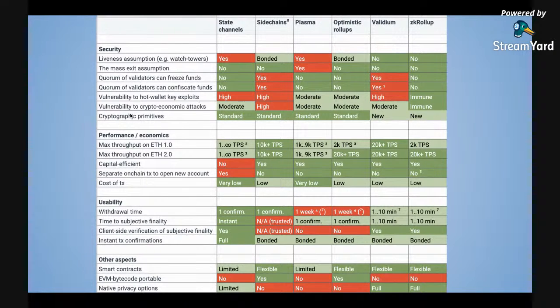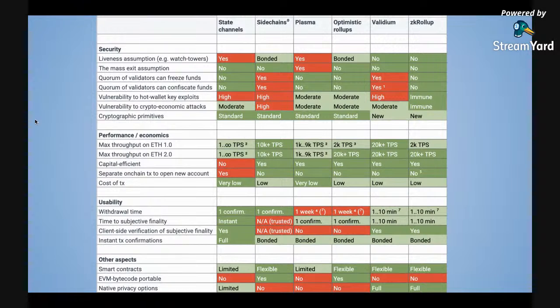And then cryptographic primitives. This points out that ZK rollups and Validium are considerably more complex than these ones. I think what it's getting at is that these cryptographic primitives are new and not fully explored, so they could expose themselves to certain risks, in uncharted territory.